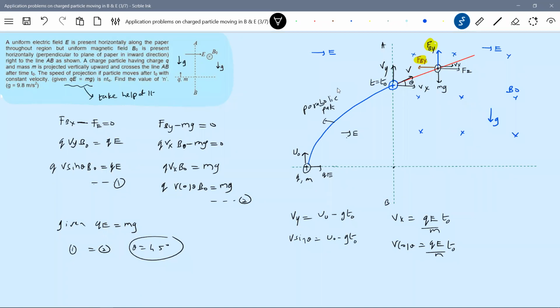Theta equal to 45 degrees. If theta was 30, okay, we could have done that. So theta equal to 45 degrees. Therefore, equating these two, g t naught equal to QE by m t naught. QE by m will become equal to g.